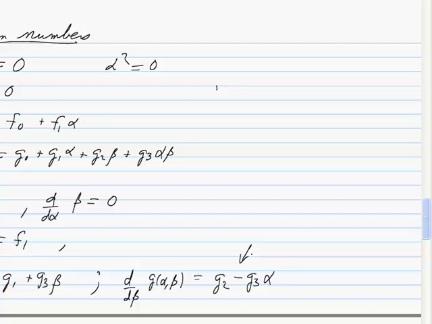And this is the same thing we just talked about before. To differentiate this term with respect to beta, I have to take the differential operator past the alpha, it picks up a minus sign, and so you get a minus sign right there. And d squared of anything is always 0.